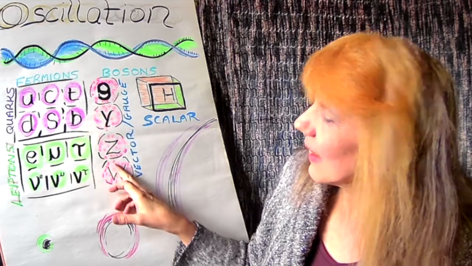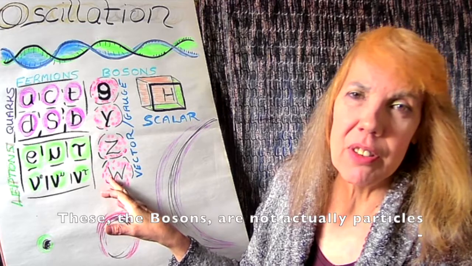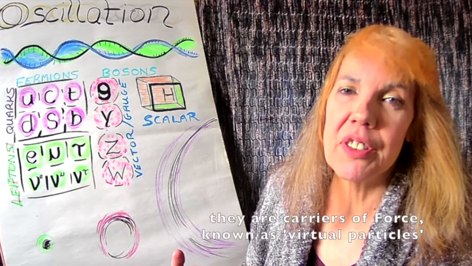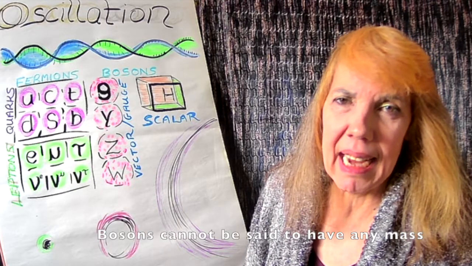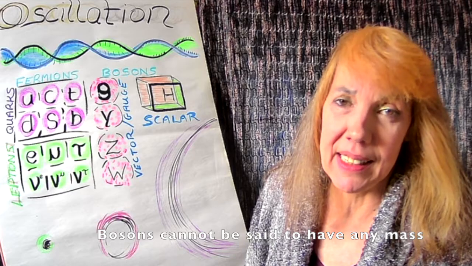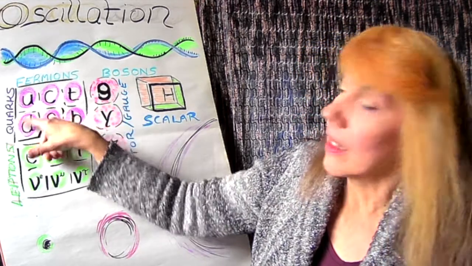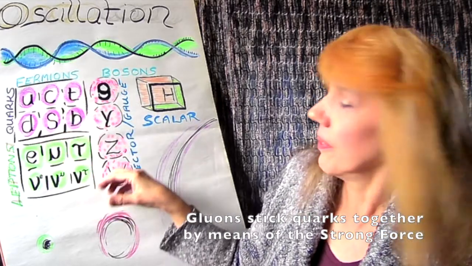These are the bosons. Now, bosons are not actually particles. Bosons are carriers of force. So they're also known as virtual particles because they cannot be said to have any mass. There's the gluon, which sticks the quarks together essentially and operates on a strong force.